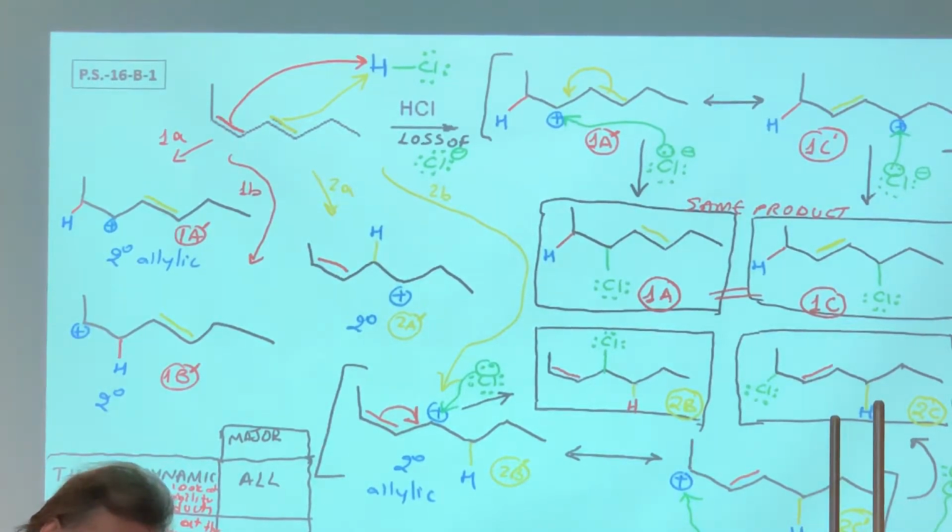And so, if you look at the intermediates over here, this is a secondary allylic, and that's a secondary allylic, so it doesn't make a difference here. Okay, so this is still good, right? And if you look at the intermediate of this one, I mean the primes, if you look at this prime versus this prime, that's a secondary.